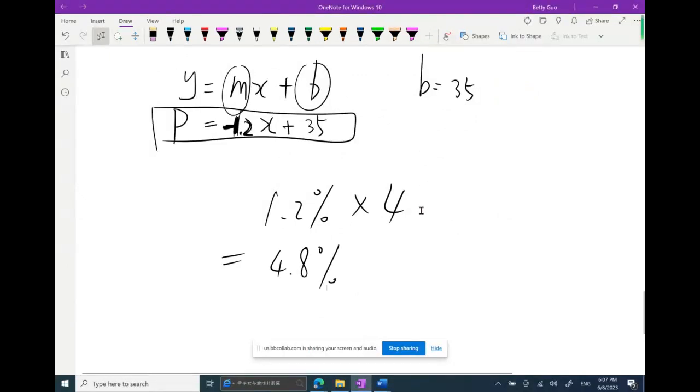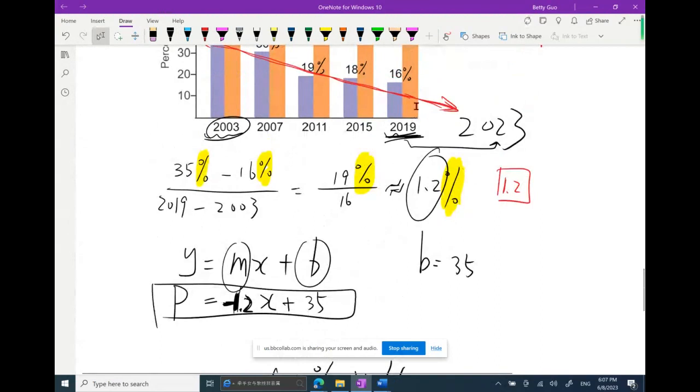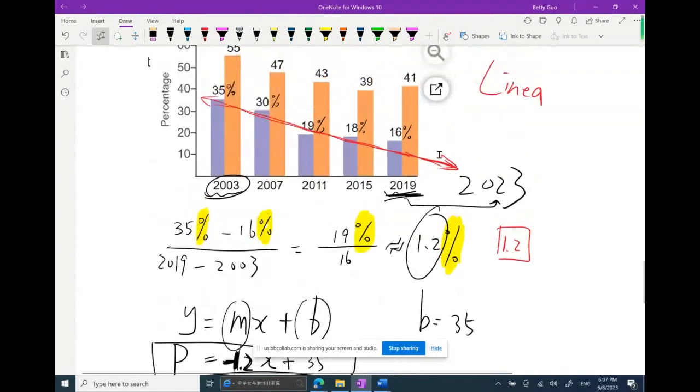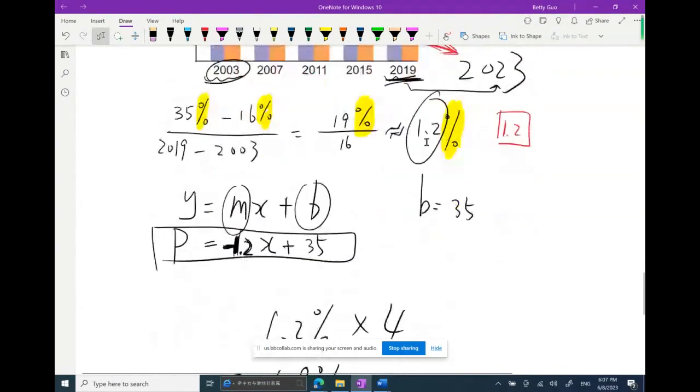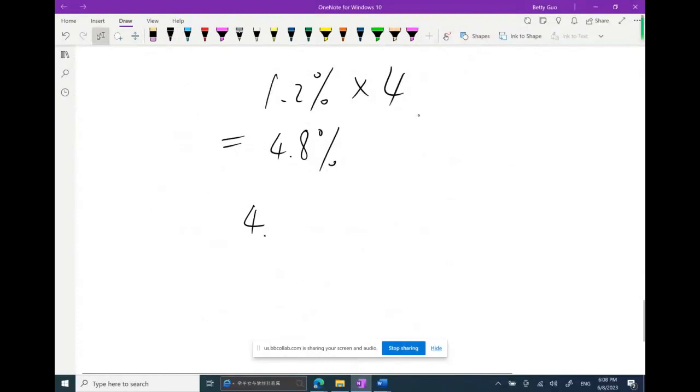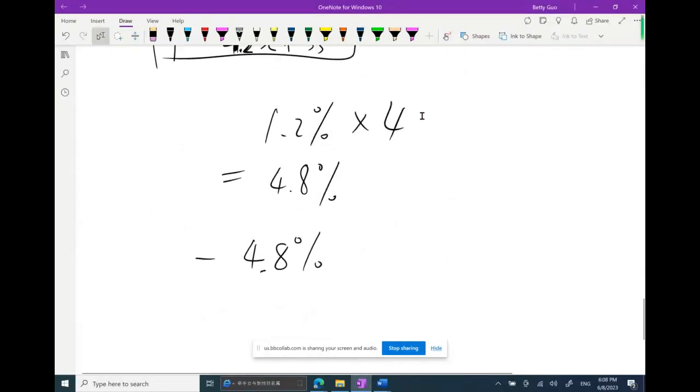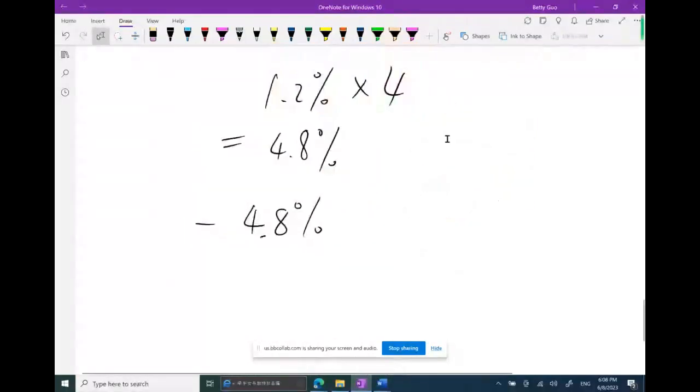If the trend continues, at 2019 the percentage of trust in government is 16%. So we are going to subtract 4.8% from 16%.